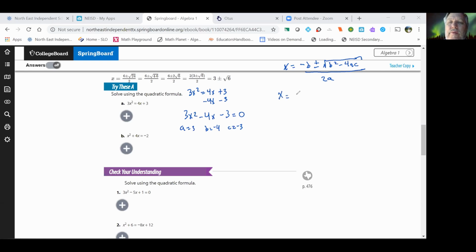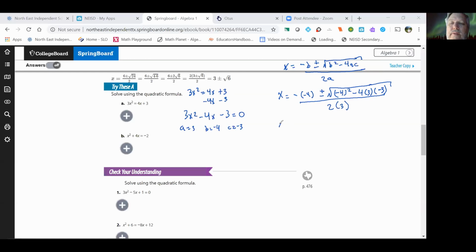So x is equal to negative 4 plus or minus the square root of negative 4 squared minus 4 times 3 times negative 3, all that over 2 times 3.